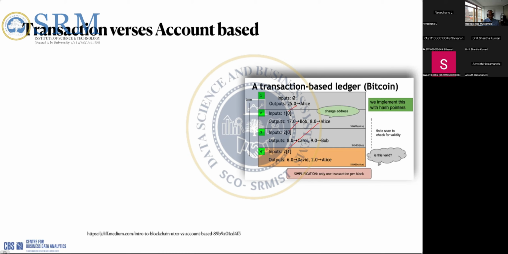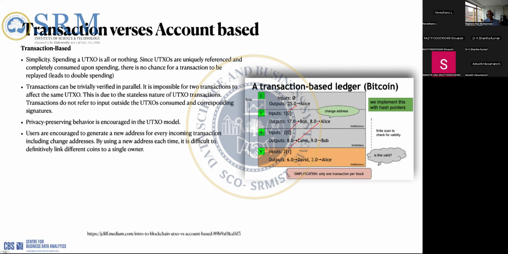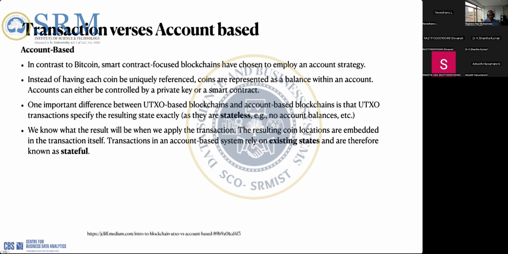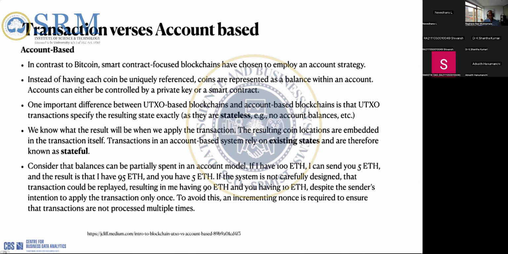You can simultaneously execute transactions because of the statelessness. If you have, let's say, 100 transactions, you can verify them in parallel without any dependency. But in the case of account-based ledgers, remember how they maintain their balances. You will see which coins have been transferred into this account, and how much was deducted or transferred to other accounts.